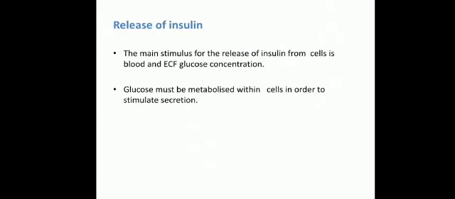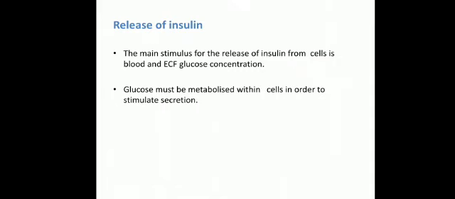Now let's go to the next slide, which talks about the release of insulin. The two main stimuli for the pancreas to release insulin are the blood and also the extracellular fluid glucose concentration. Unless glucose is metabolized within the cells, insulin secretion cannot be stimulated.